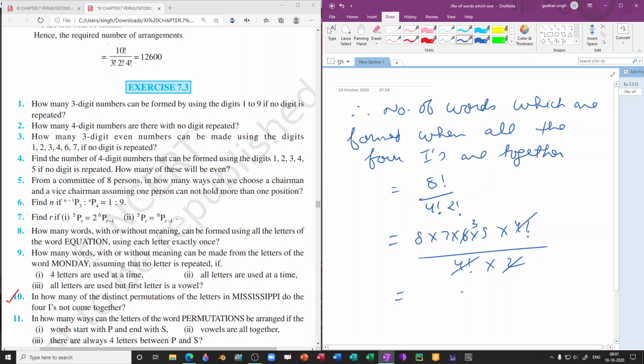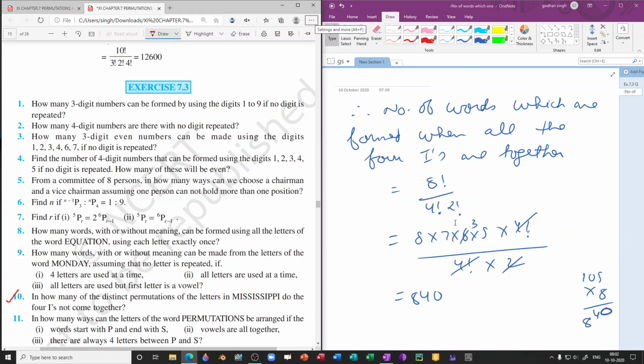So this equals 7 into 3 is 21, 21 into 5 is 105, and 105 into 8. 8 times 5 is 40, 4 carried over, 8 times 0 is 0, so it will become 4 here, we get 8. So that is 840.